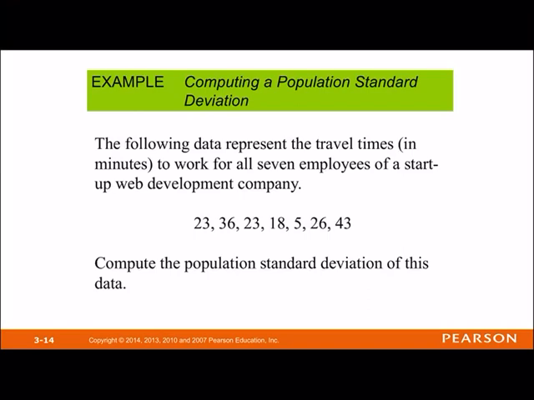The following data represent the travel time in minutes to work for all 7 employees of a startup web development company. Same 7 that we were looking at in the beginning. We're going to compute the population standard deviation of this data.